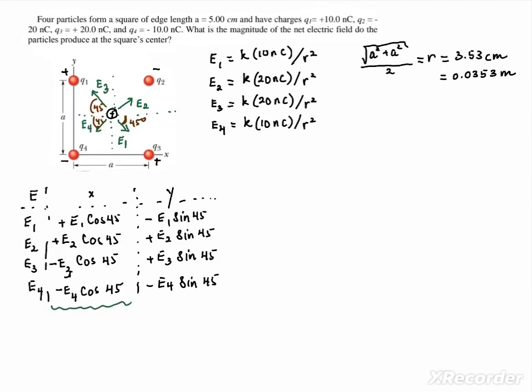So here we have our X component. This is the summation of all the X components. And then here we have the summation of all the Y components of the electric field. Now because we have EX and EY, we want to find the net E. So let's just write each one separately. So we have EX.